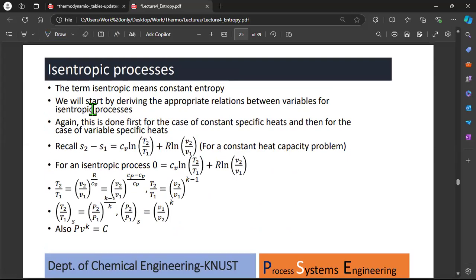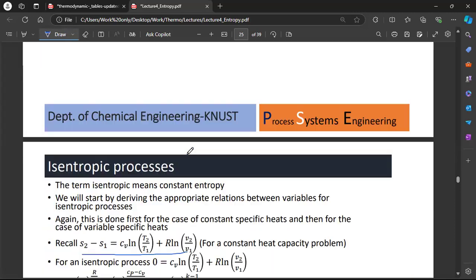Okay. Now we are looking at isentropic processes. When we say something is isentropic, it means that its entropy is constant. And there are certain relations that we need when we are dealing with isentropic processes. So we are going to first consider a situation where we have constant heat capacities. And we said when we have constant heat capacities, we're working with these expressions.